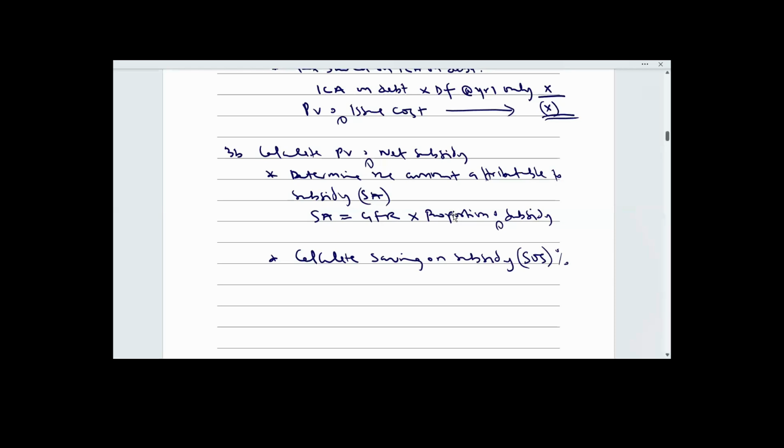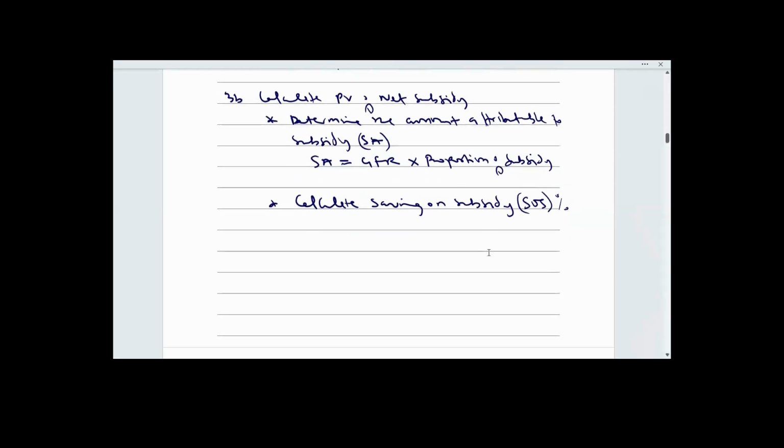So the difference between the market price and the amount of the subsidy will represent the savings. So savings on subsidy in percentage will be calculated as the normal borrowing rate minus interest rate on subsidized loan.